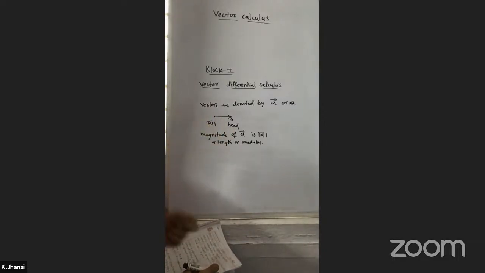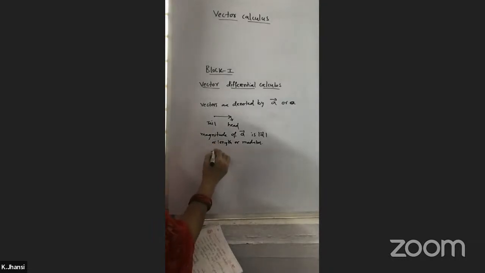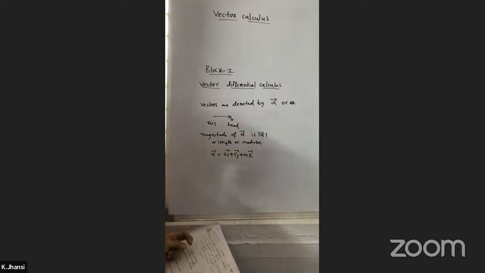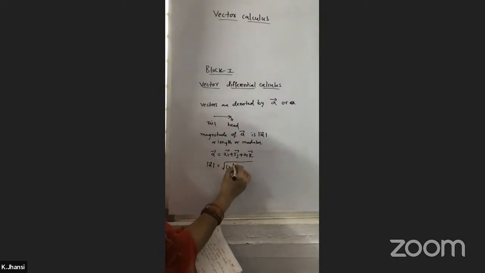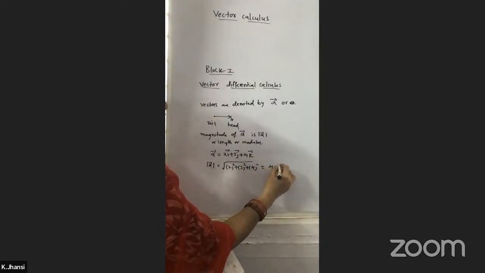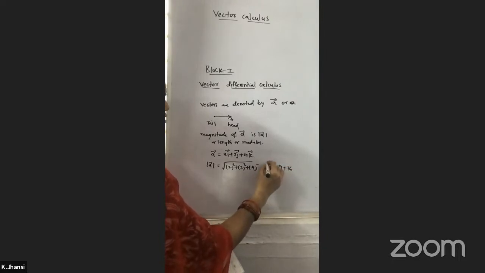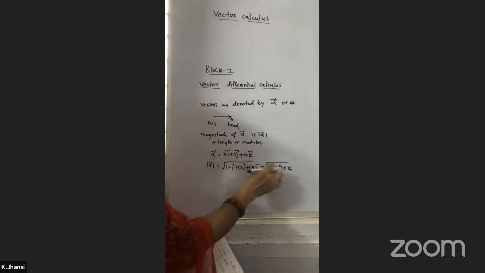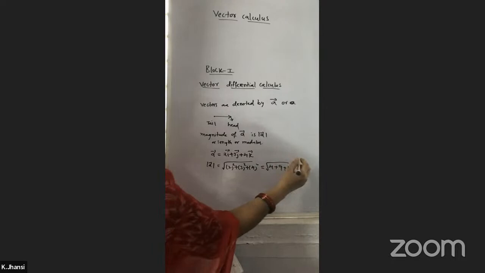If any vector A is 2i plus 3j plus 4k, then the magnitude of A, that is modulus of A, equals root of 2 square plus 3 square plus 4 square. 2 square is 4, 3 square is 9, 4 square is 16. 4 plus 9 plus 16 is 29.